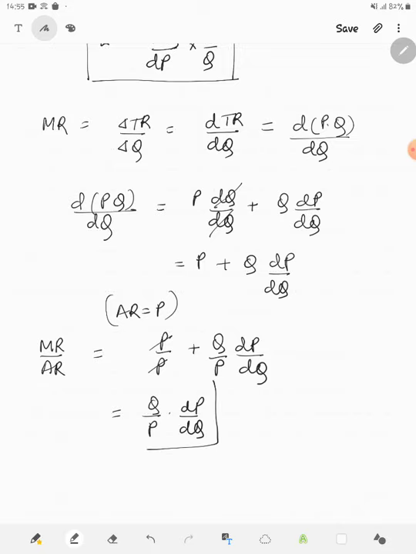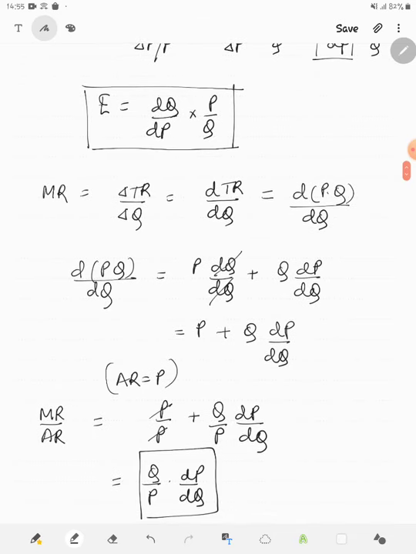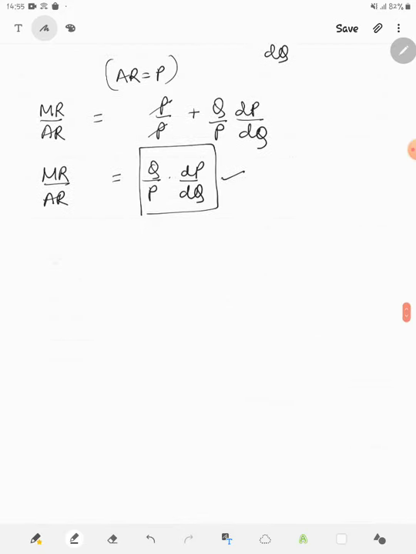If you see this equation and match it with the earlier one, you'll find that MR by AR, that is this Q by P into dP by dQ, is the reciprocal of the elasticity equation dQ by dP into P by Q. So we can say that MR by AR is nothing but 1 plus 1 by elasticity of demand.